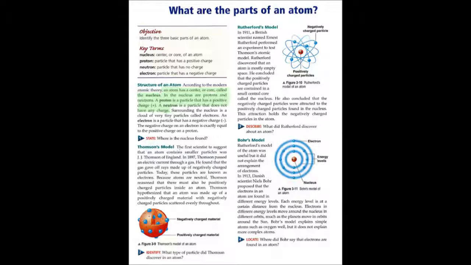Who discovered that an atom is mostly empty space? 6. Who proposed the idea that electrons are found in different energy levels around the nucleus? Thinking critically. 7. Contrast. How did Rutherford's model of the atom differ from Thomson's model? 8. Explain. According to the modern atomic model, where are protons, neutrons, and electrons found?